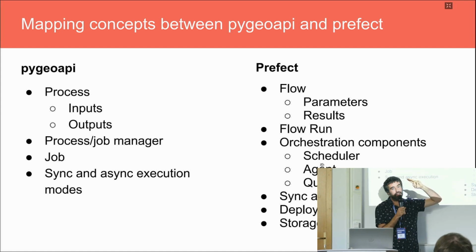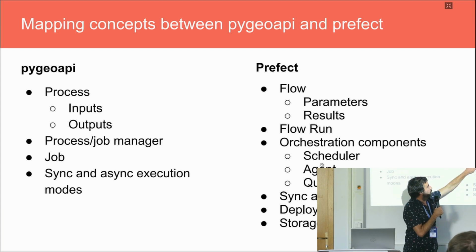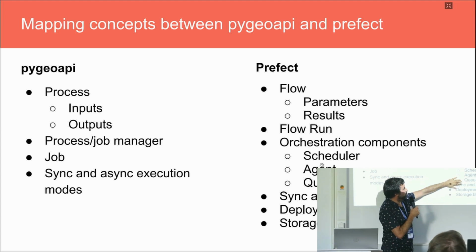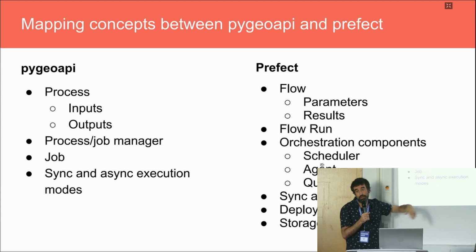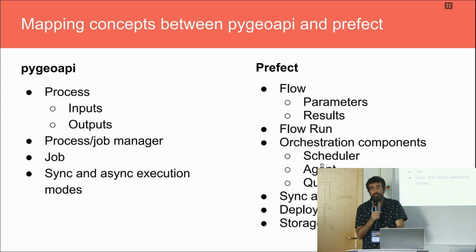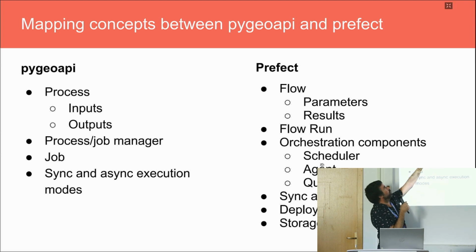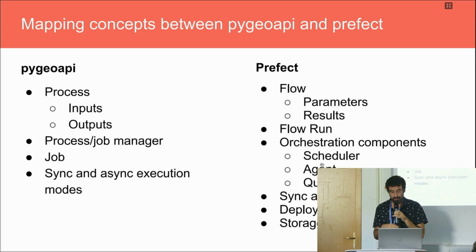In the Prefect lingo, if you read their documentation, they speak of flows, flow runs, parameters, results. And then there are some concepts here that don't exactly map out to Pygeoapi, simply because they are enhancements of the Prefect system. But the two main things is that we transform a Pygeoapi job into a flow run whenever we get an execution request.